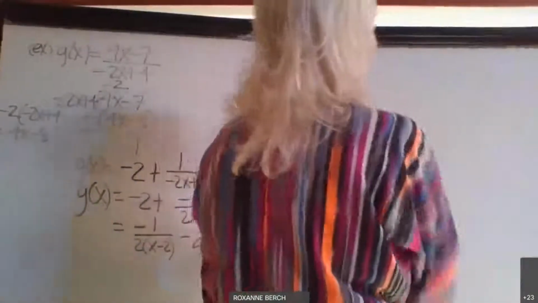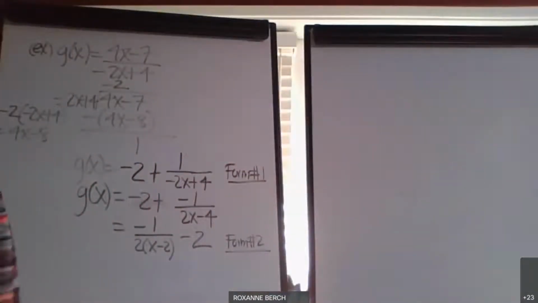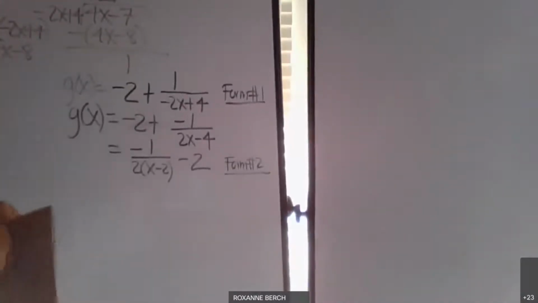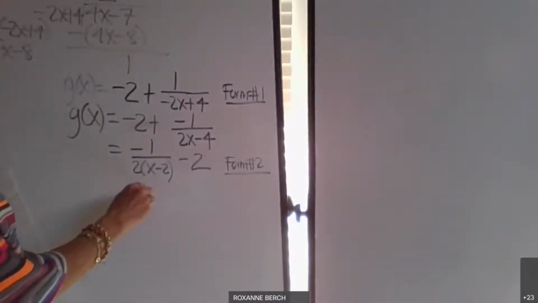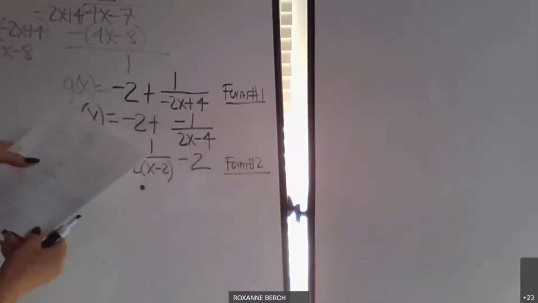So basically what I did is I manipulated the equation to put it in form 2 without messing it up. So now state the transformation. It would be what? It would be 2, right 2.